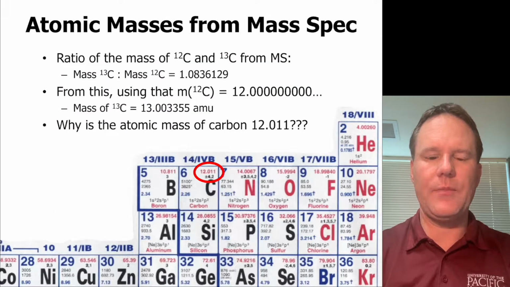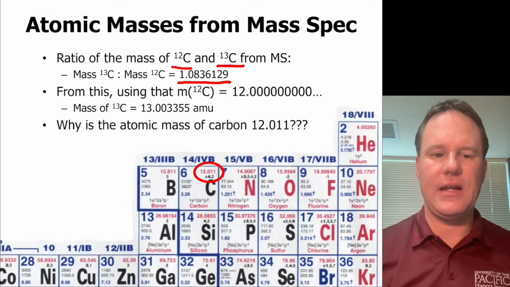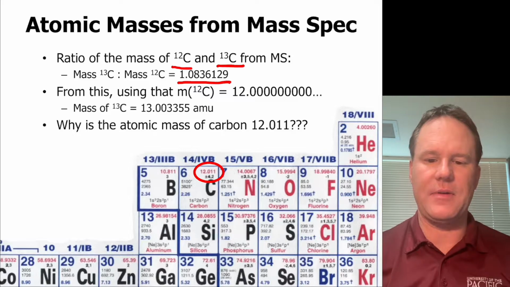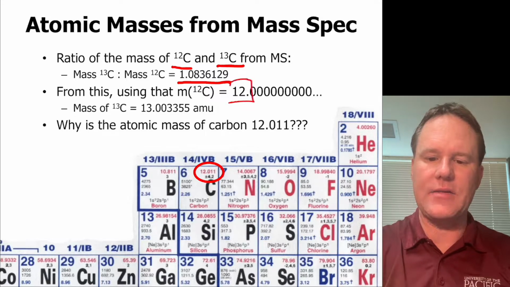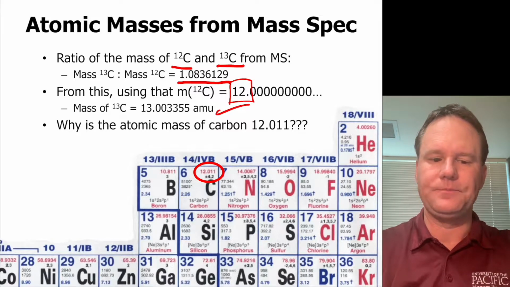If you look at carbon, for example, then you can see that the ratio between carbon-12 and carbon-13 is roughly 1.036. The mass you measure is 1.036 times the mass of carbon-12. And so if carbon-12 is defined to be exactly 12, then the mass of carbon-13 can be obtained.